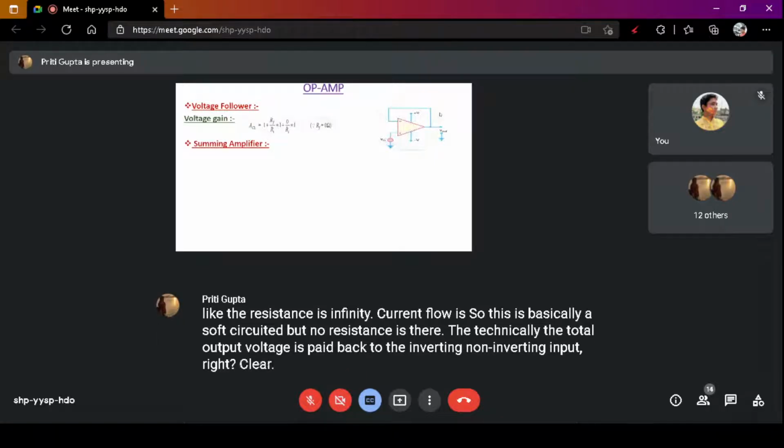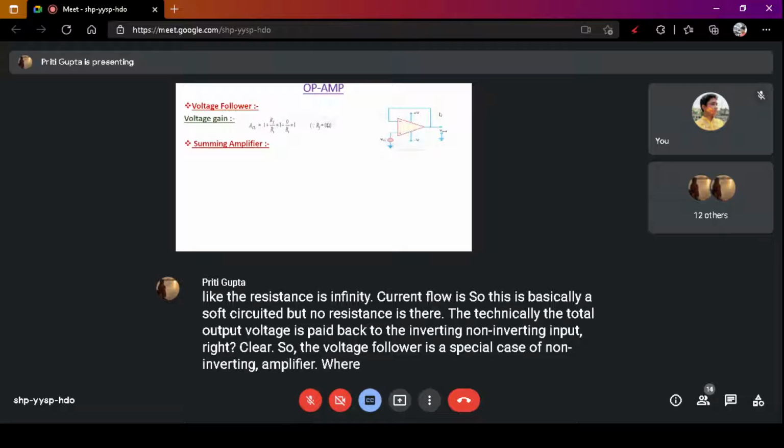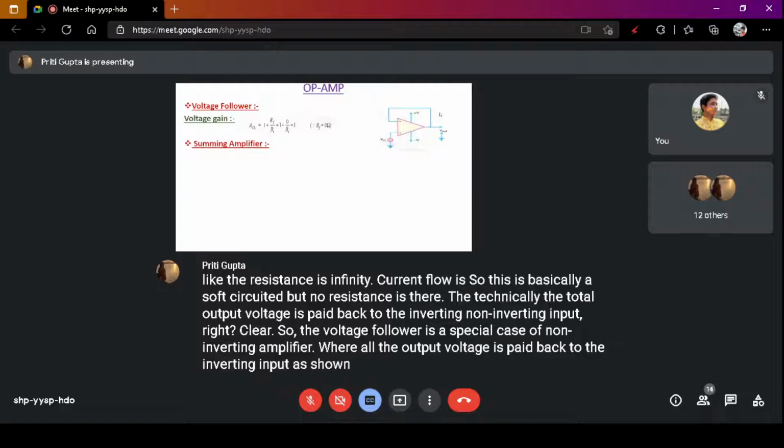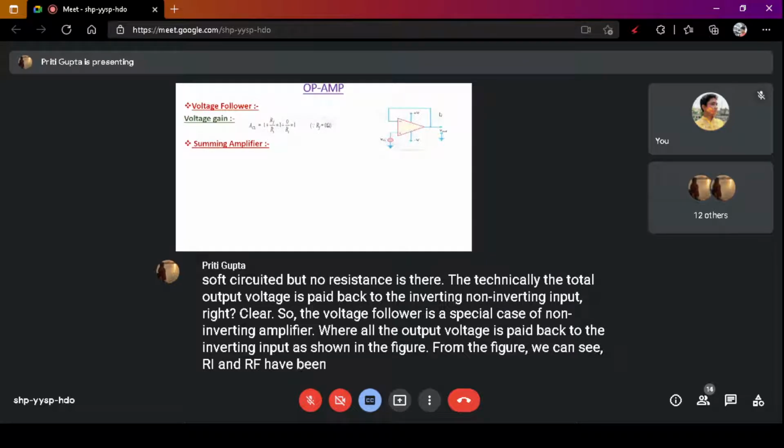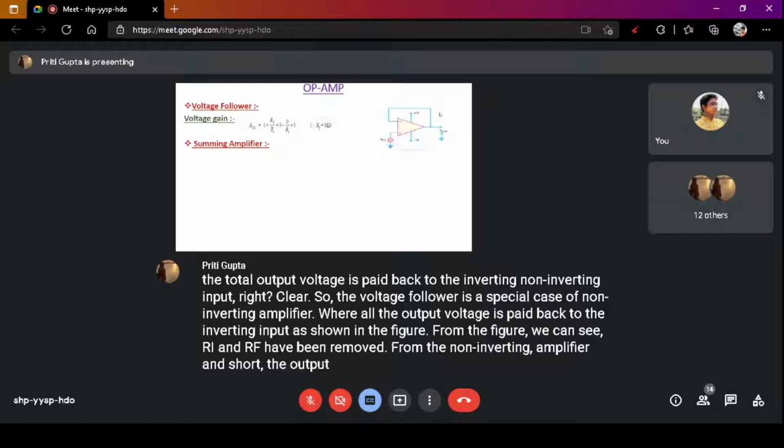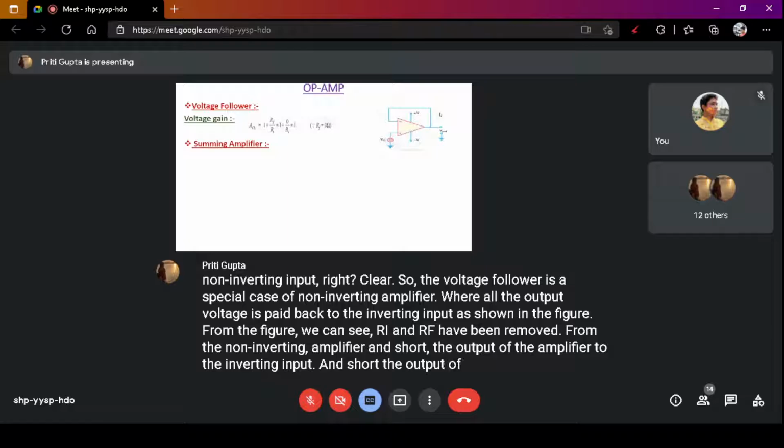Clear? So the voltage follower is a special case of non-inverting amplifier where all the output voltage is fed back to the inverting input as shown in the figure. Here, from the figure we can see Ri and Rf have been removed from the non-inverting amplifier and the output of the amplifier is shorted to the inverting input.